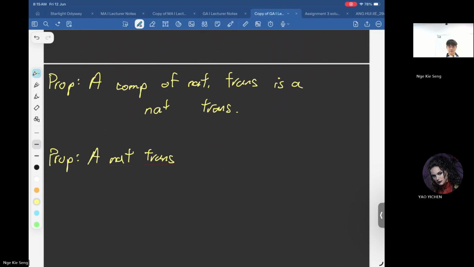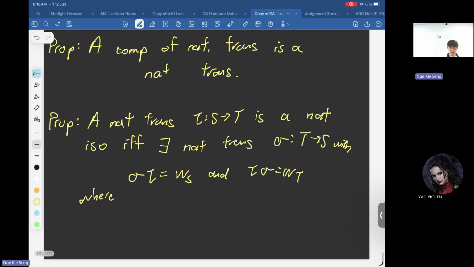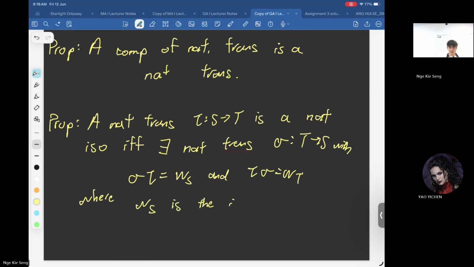A natural transformation of S to T is a natural isomorphism if and only if there exists a natural transformation sigma from T to S with sigma tau equals 1_S and tau sigma equals 1_T, where 1_S is the identity natural transformation, with the identity morphism.